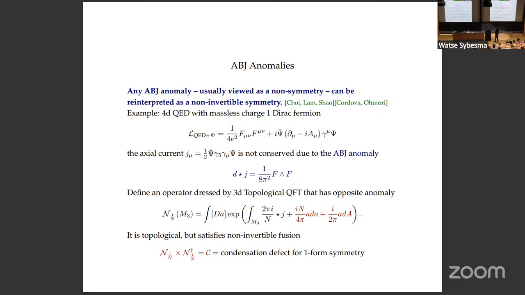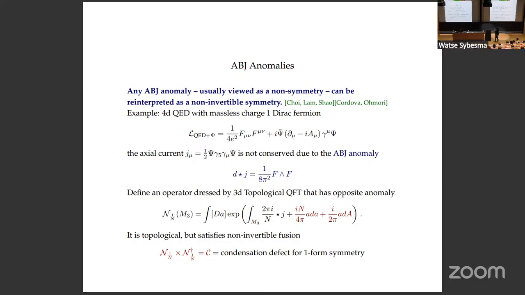You can sort of reinterpret it as saying there's now a symmetry where I shove this back to the left-hand side. I declare the symmetry generated not just by exponentials of this star J, but I stack it with some additional TQFT of T. And when I do that, this is now closed because it satisfies exactly this equation, but it comes at the price that this is now non-invertible.